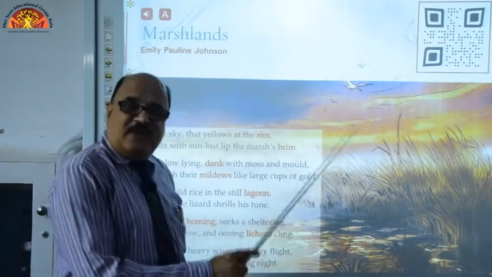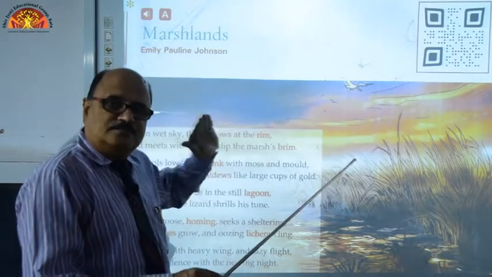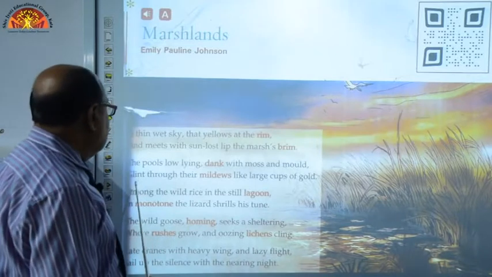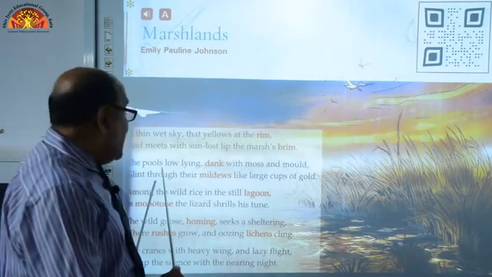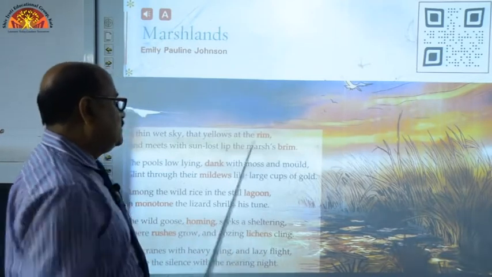This piece of land is comparatively lying at the lower land.